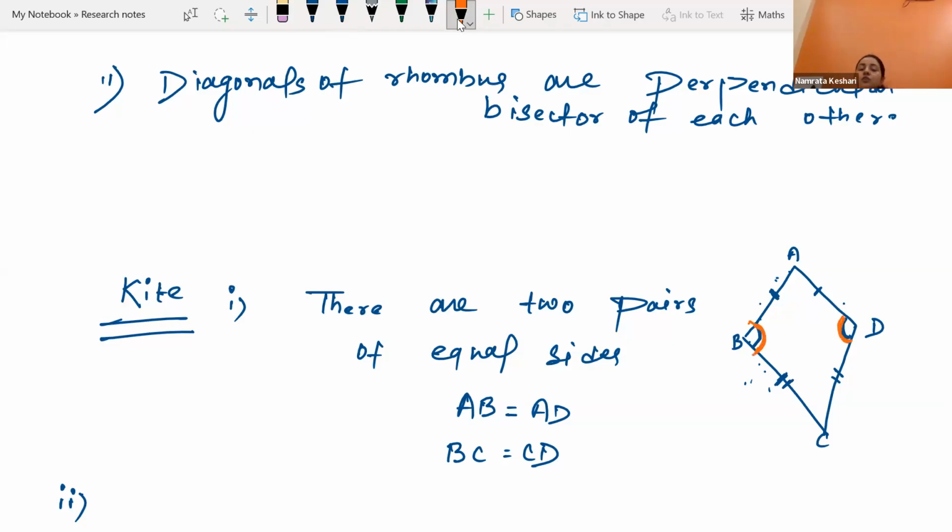The angle in between two non-equal sides is the one that is equal in a kite. You just need to write it and keep it aside. You will not be using this property, you just need to know it and write it.